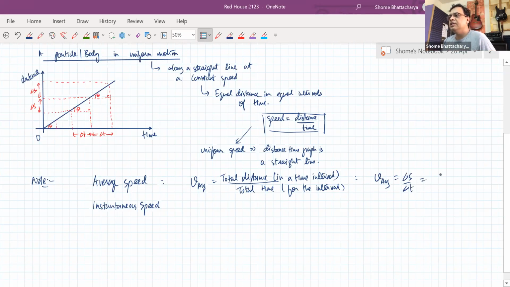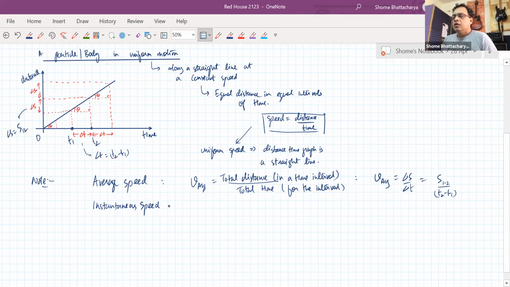Or we can write it as the distance traveled in the interval of time 1 to 2 divided by the time T2 minus T1. Let's say this time here is T1, this time here is T2. So this delta T is T2 minus T1. And this distance, delta S over here, is the distance traveled in the interval 1 to 2.